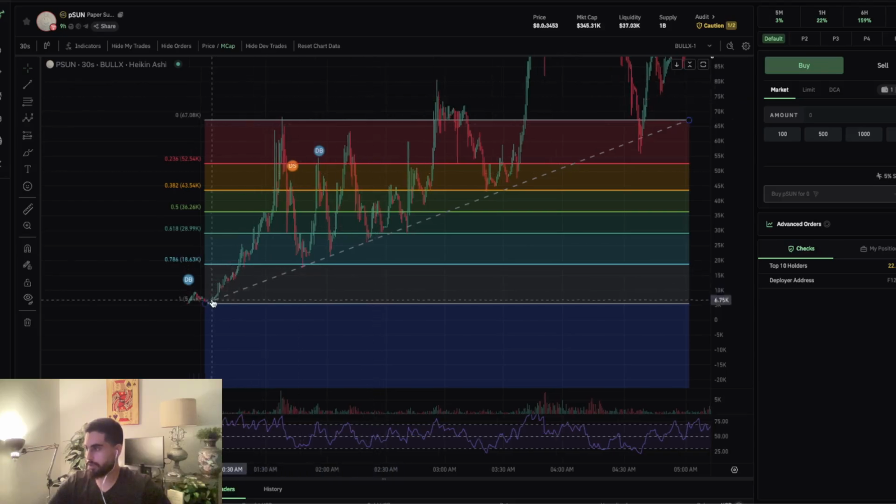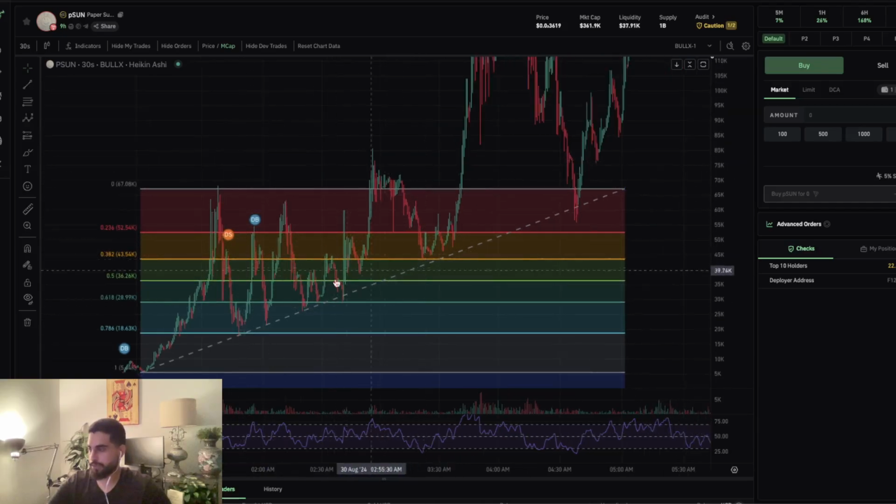So usually the coins will do this. They will go 1, okay, 2. This whole thing is considered as a 2. Okay, you're going to have an impulse wave and then a correction wave. The correction wave can have some chop. So impulse wave, correction wave, that's 1, 2. Let's plot it.